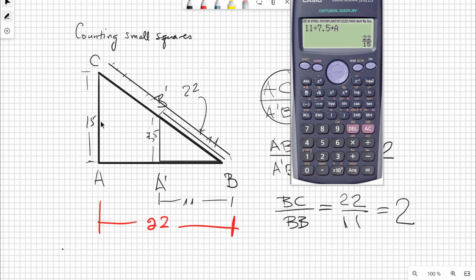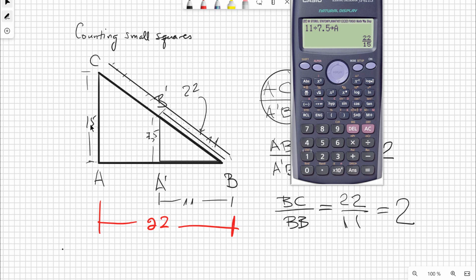Now, what happens if instead of dividing one side by the corresponding in some order, by pairs, we divide sides of the same triangle? See those sides that form, in this case, the 90 degrees angle, the right angle. Divide the side AC of the ABC triangle by the side AB of the same triangle.